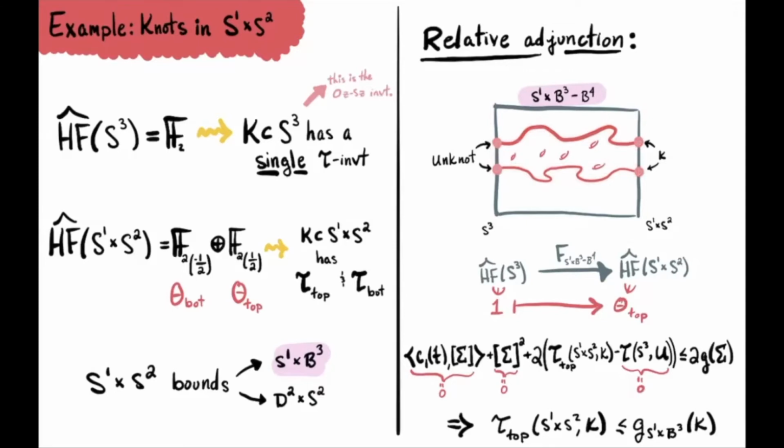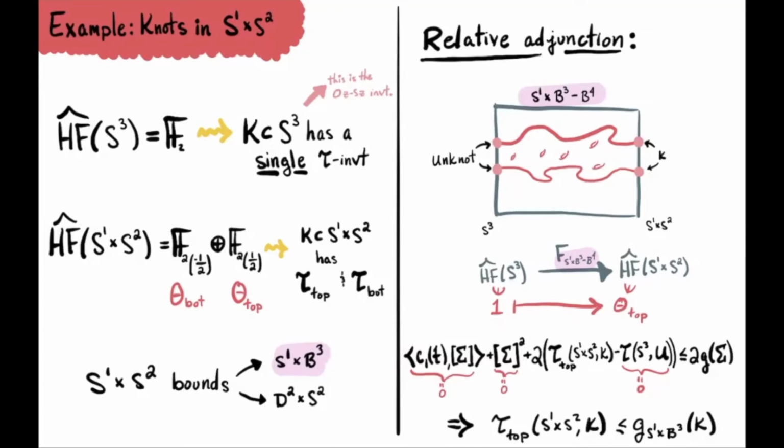Okay, so we're looking at this 4-manifold, and if you compute the map on Floer homology that's induced by this 4-manifold, you see that it sends the generator of HF hat of the 3-sphere to theta top. Okay, so let's look at our relative adjunction inequality. Here it is, just write it down.